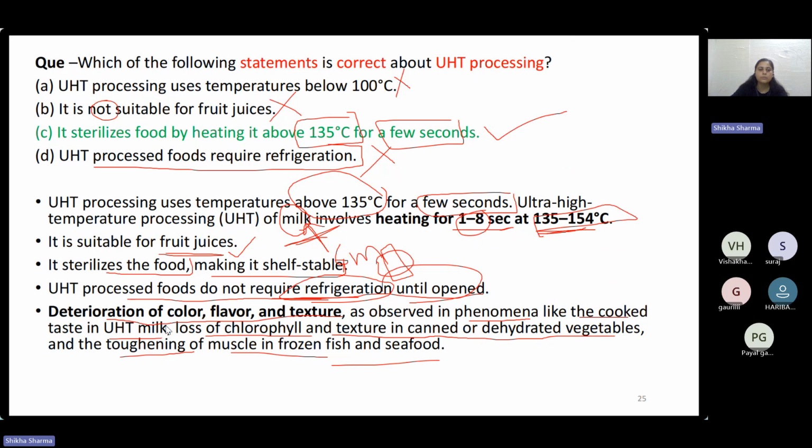So in UHT milk, burnt flavor is there, right? Chlorophyll loss is also there in some products. So these kinds of compounds will degrade because the temperature is so high, but the time is very low.